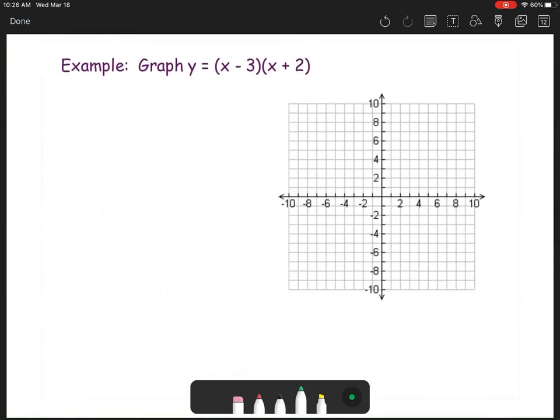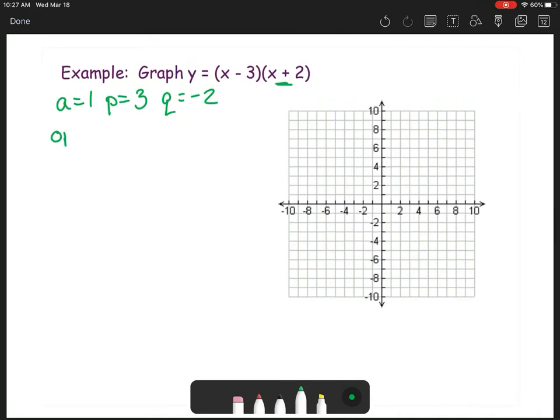Let's look at this one. A little bit different. We have an A value of 1, a P value of 3, and a Q value of -2, because remember that x plus 2 is really minus a negative. That tells me my parabola opens upward because A is positive.